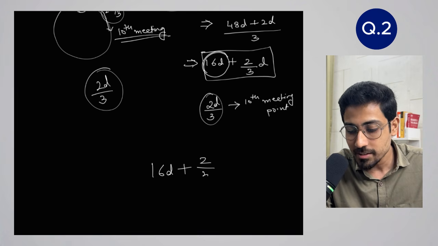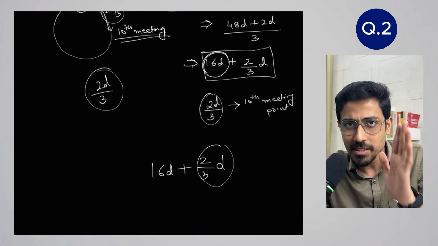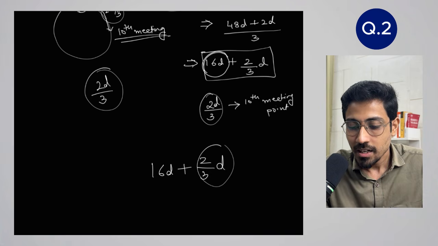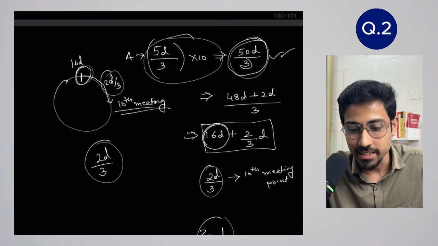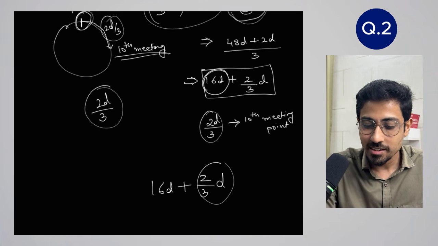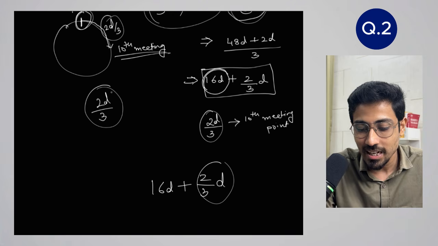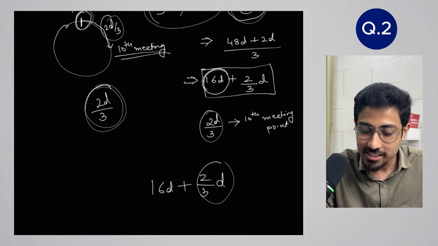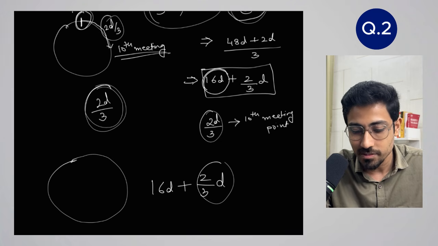Okay, 2 by 3d. Just be careful about one more thing over here. I wrote 2d by 3 here, but 2d by 3 means something else. 2d by 3 is not how far they are from the center. The answer might not be 2d by 3. See, 2d by 3, what does it mean? 2/3 of d, right?